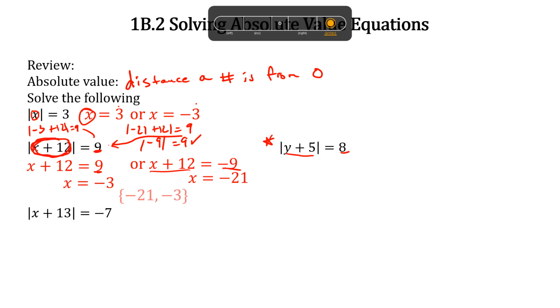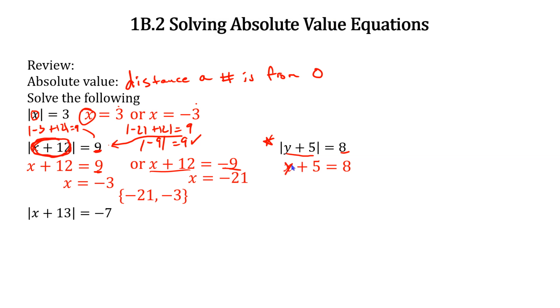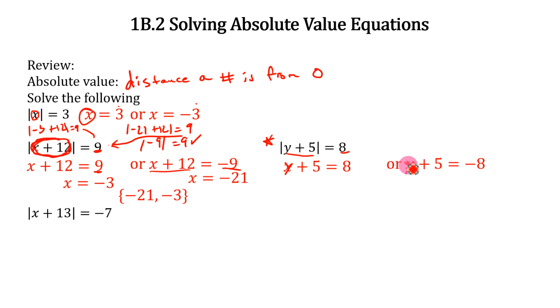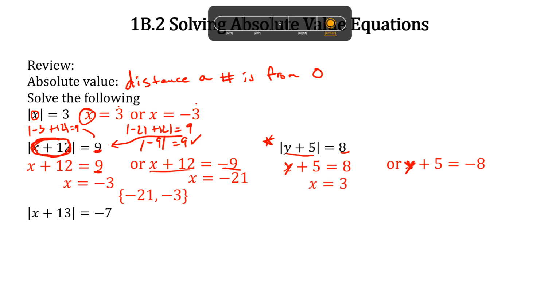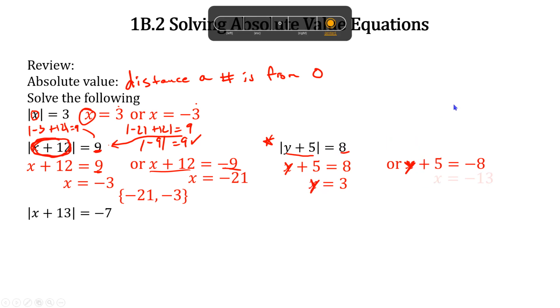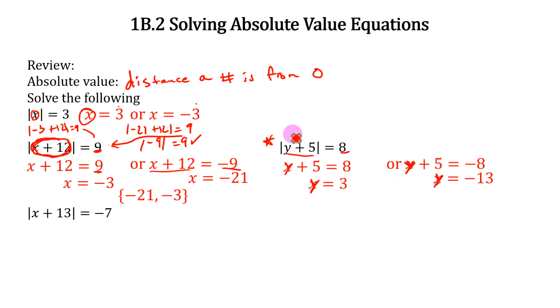So y plus 5, I'm sorry, this should be y. I wrote x, I apologize. So y plus 5 equals 8, or y plus 5 equals negative 8. Subtract 5 and get y equals 3, or subtract 5 and get y equals negative 13.